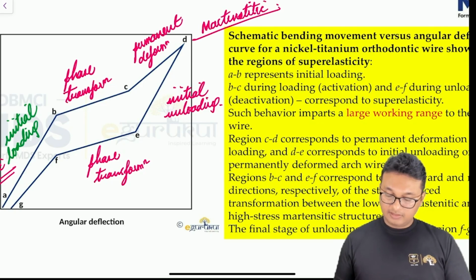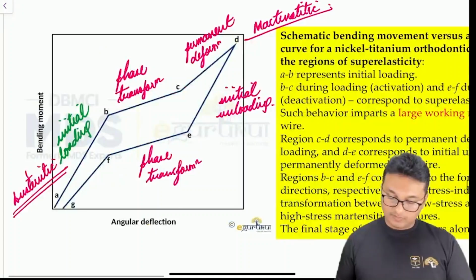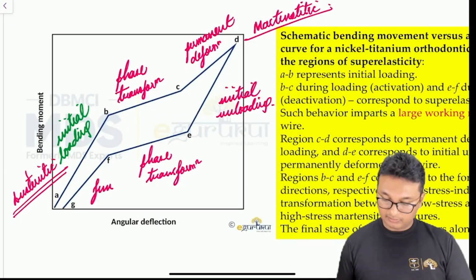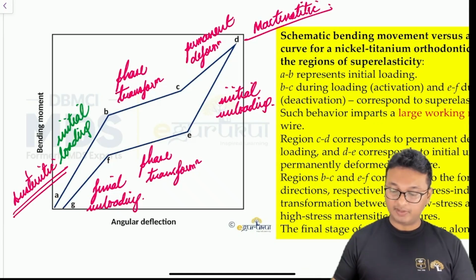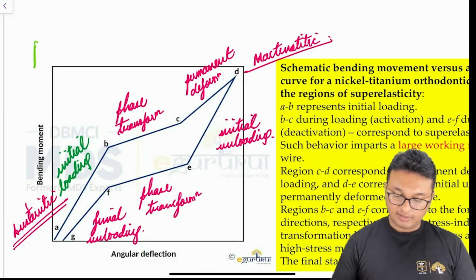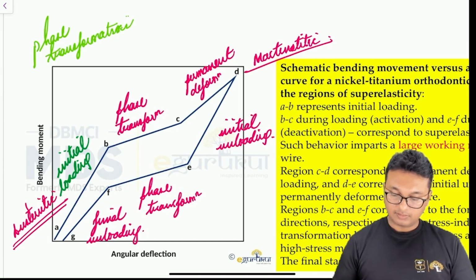And finally, the portion F to G corresponds to the final stage of unloading. This particular graph is also known as the phase transformation graph.